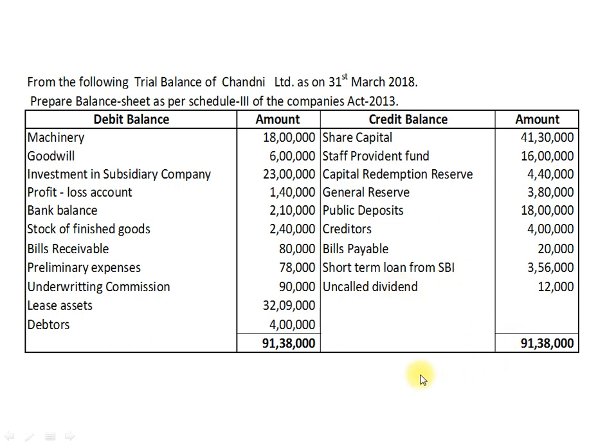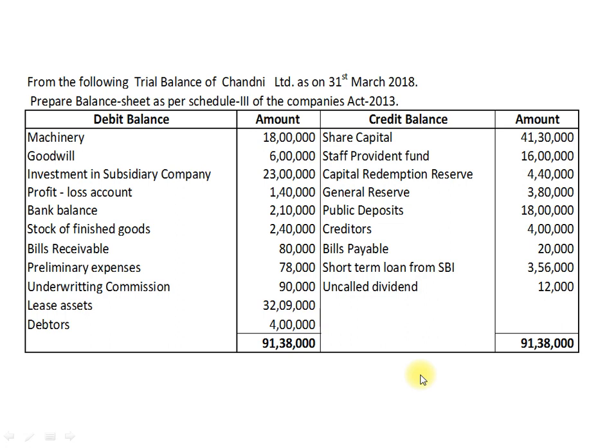From this trial balance, we have to prepare a vertical balance sheet as per Schedule 3 of the Companies Act 2013. My dear students, here the financial data are classified into debit balance and credit balance.